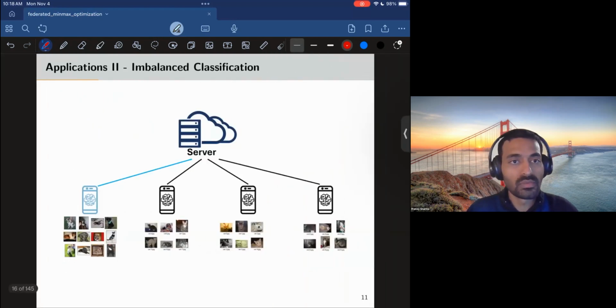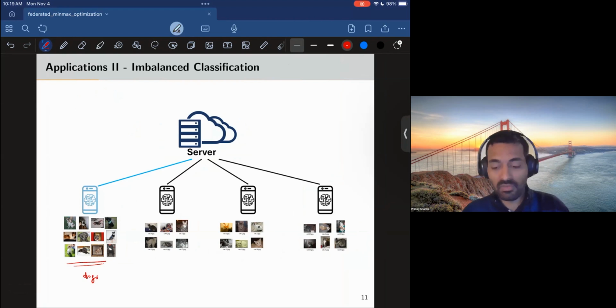Now, suppose a new device joins this network, and this specific client only has images of dogs, right? And now we want to identify which images are coming from cats and which images are coming from dogs.